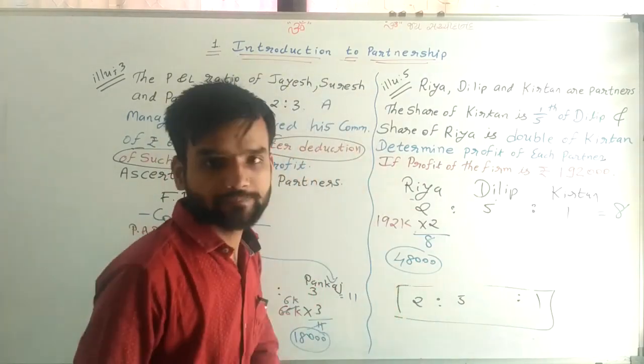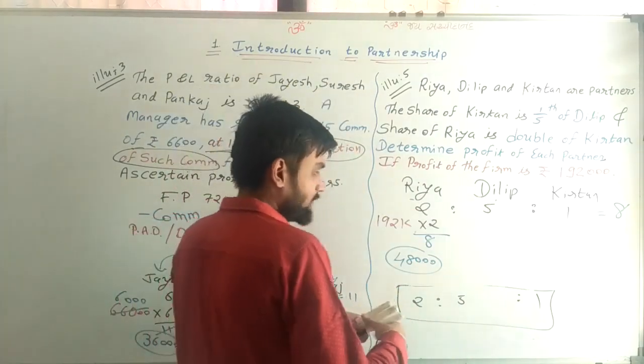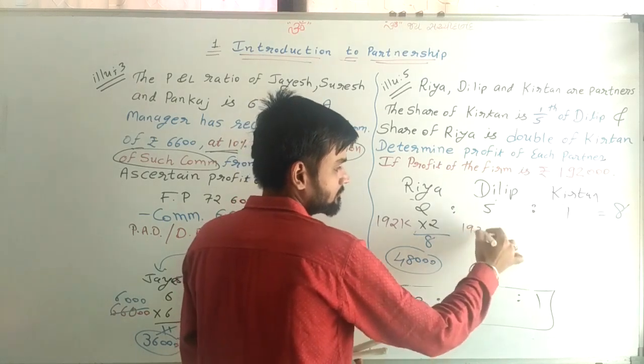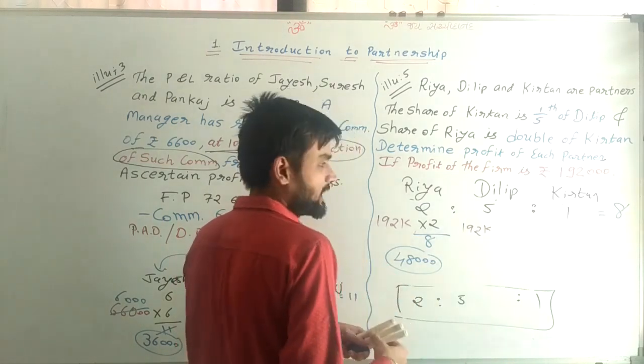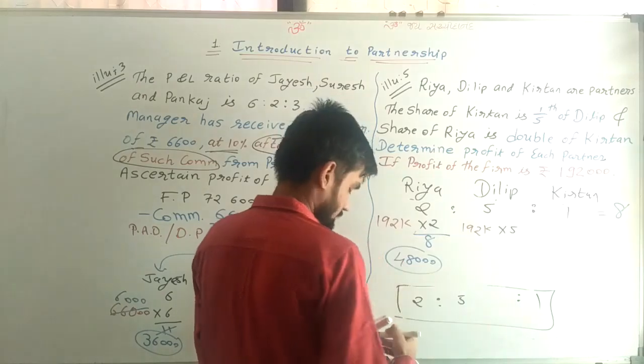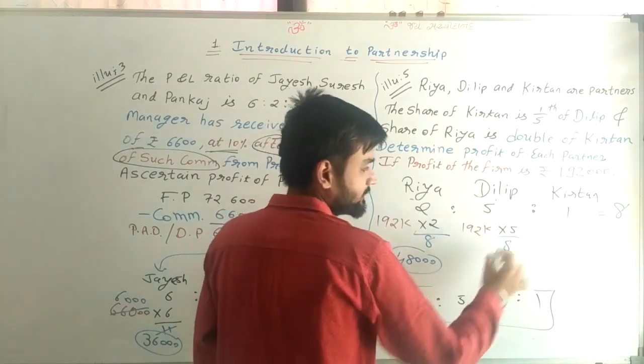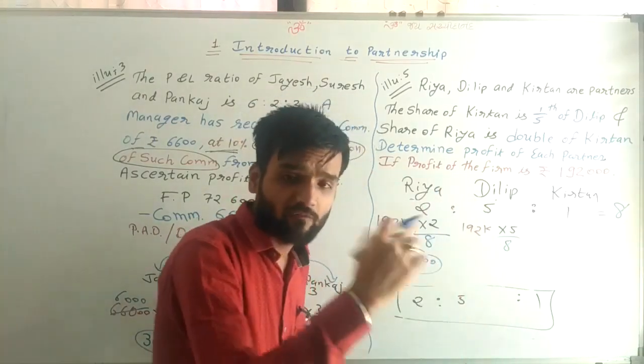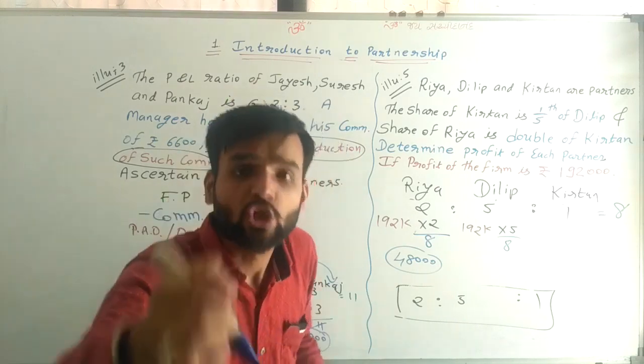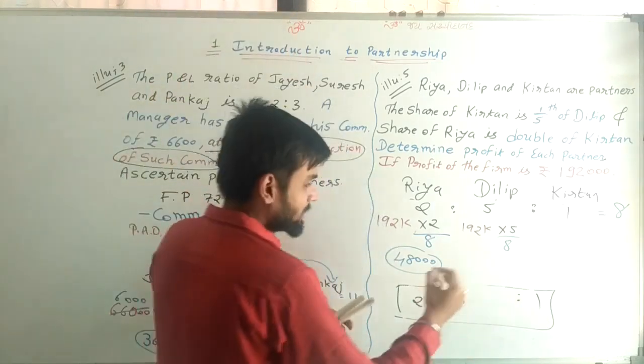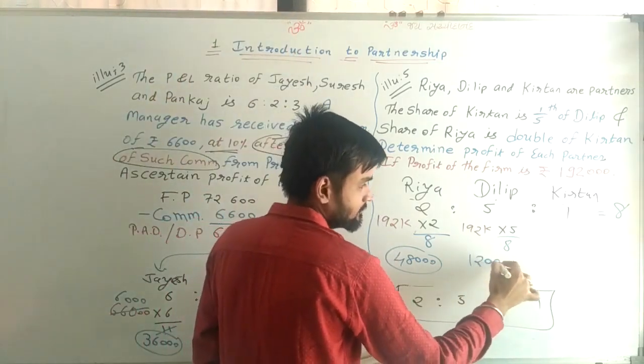In the same way we find the second one. 1,92,000 multiplied by 5, divided by 8, and after doing this calculation you will get 1,20,000 rupees.